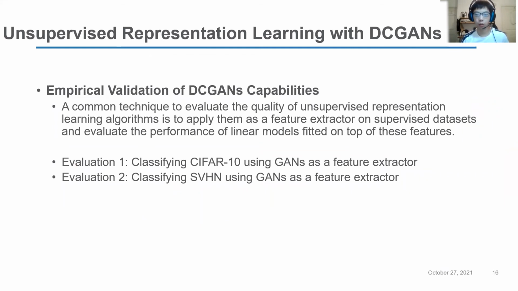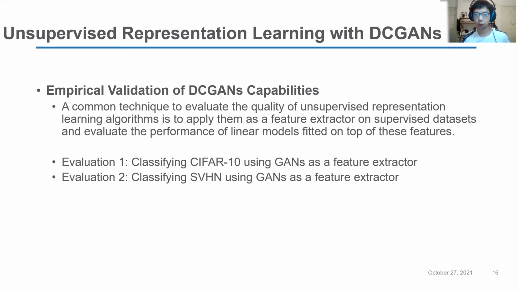After training, how do we evaluate the quality of the representations given by DCGAN, and validate the capability of this learning algorithm? The common technique is to apply the GAN as a feature extractor on a supervised dataset, and then train a linear model on top of these features.